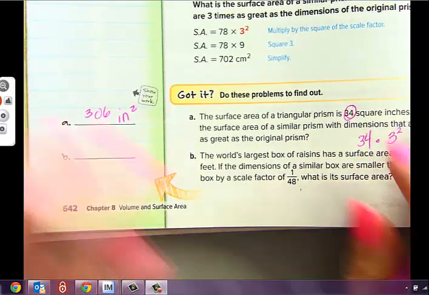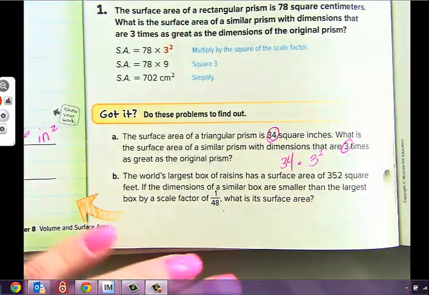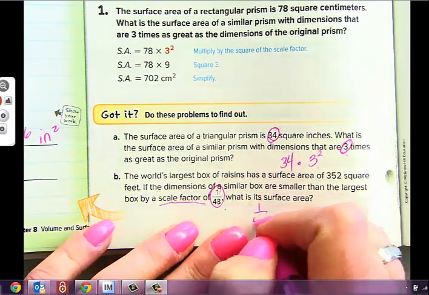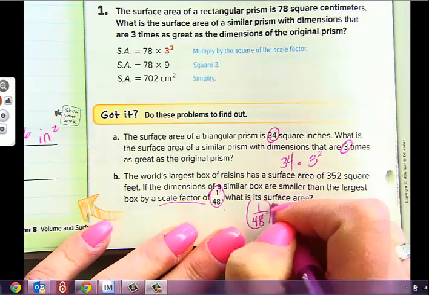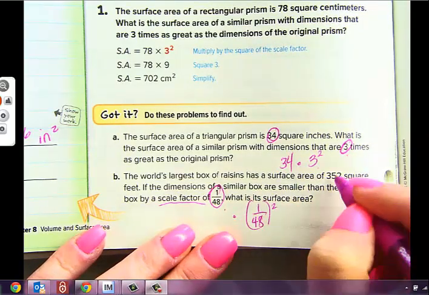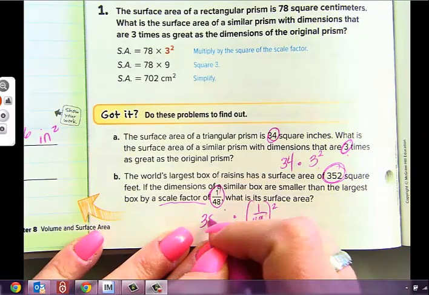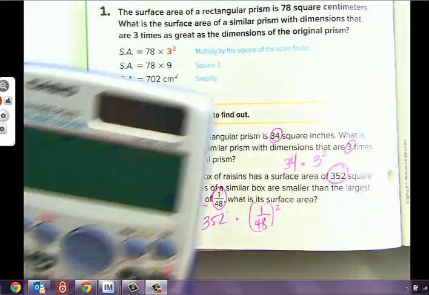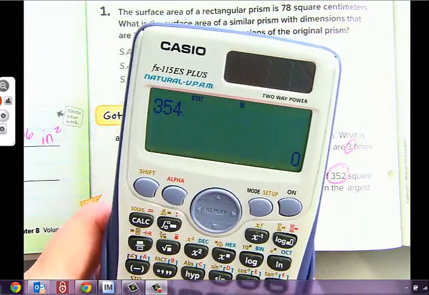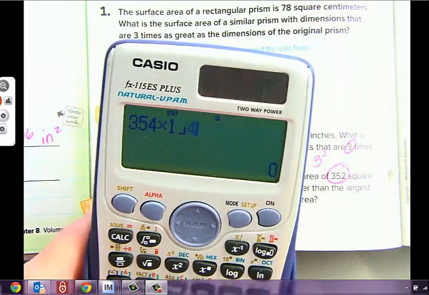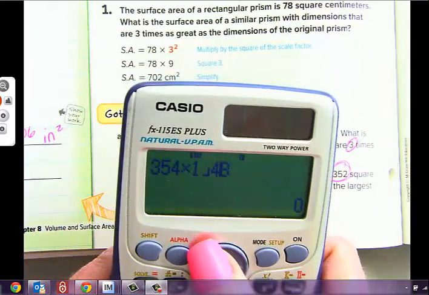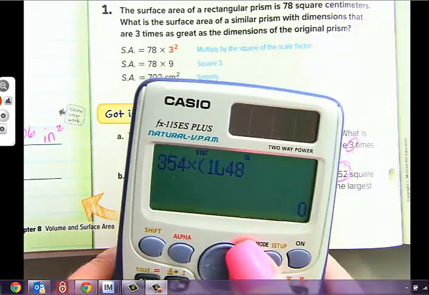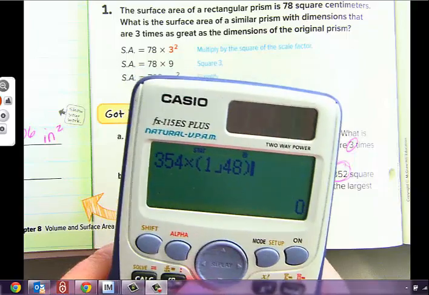Let's look at this next one. All the information I need is the scale factor, and it says right here the scale factor. So here's my number that I'm going to square, and I'm going to take that times the measurement given. The measurement given is 352. So now I have 352 times 148 squared. I'm going to put that in parentheses so that it does the correct calculations, then square that.